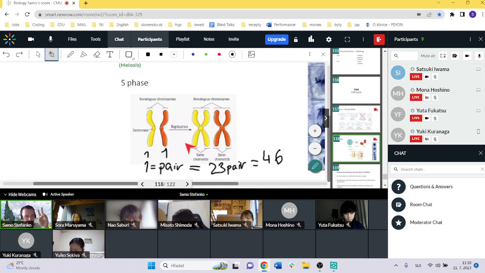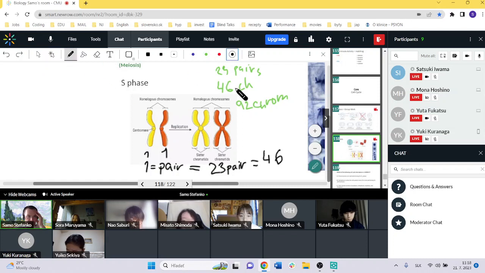And it's very important now because after replication, we still have 46 chromosomes, 23 pairs, but 92 chromatids, because our amount of DNA has been doubled. It was replicated. Before S phase, before replication, we have 46 chromosomes and 46 chromatids as well.